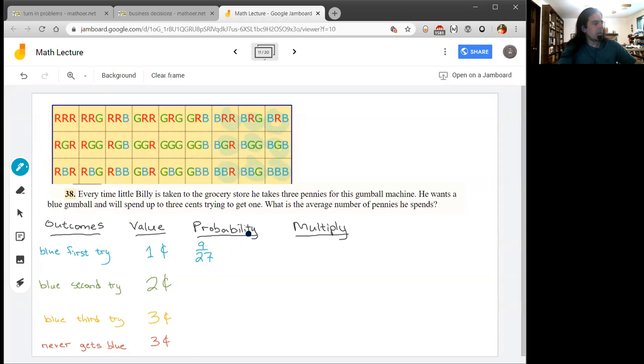If you wanted to make a probability into a percentage, you could. Or if you wanted to write it as a decimal, you could. Either way works.